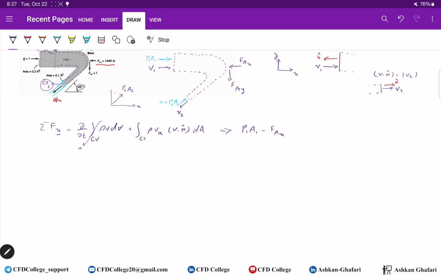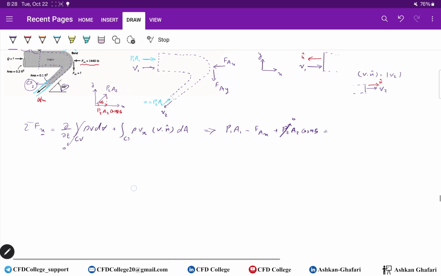So it's x, it's y, and this should be P2A2. Here is 45, cosine of 45. So here we should have, and it's parallel to x, P2A2 cosine of 45, but in this problem P2 is 0.